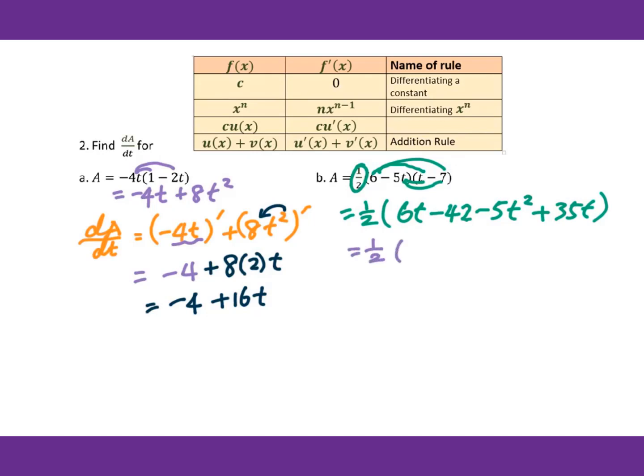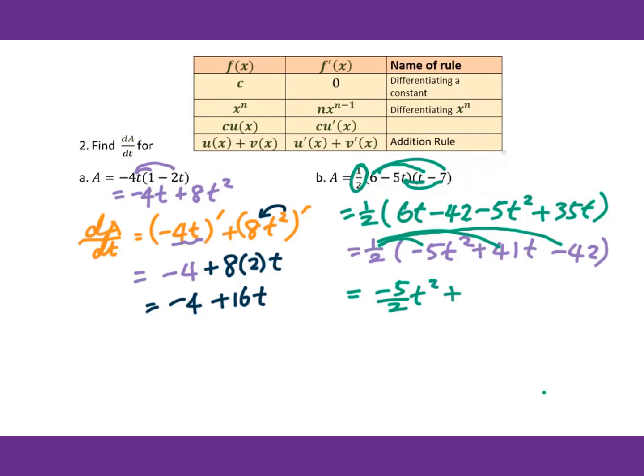You will have negative 5t squared plus 41t minus 42. Then we multiply by 1/2. You will get negative 5 over 2 t squared plus 41 over 2 t minus 21.